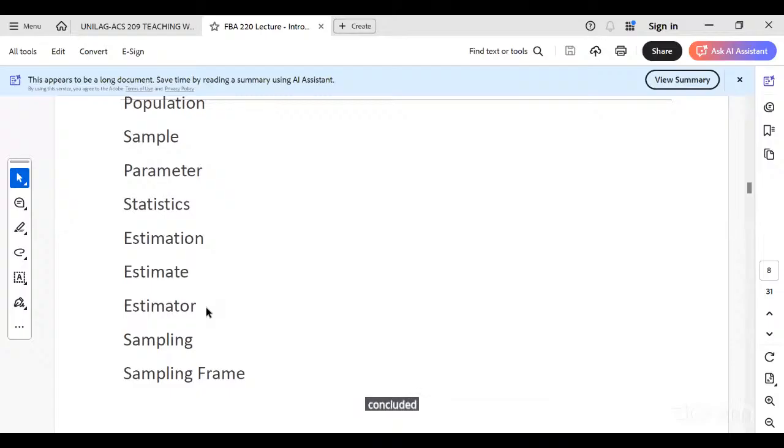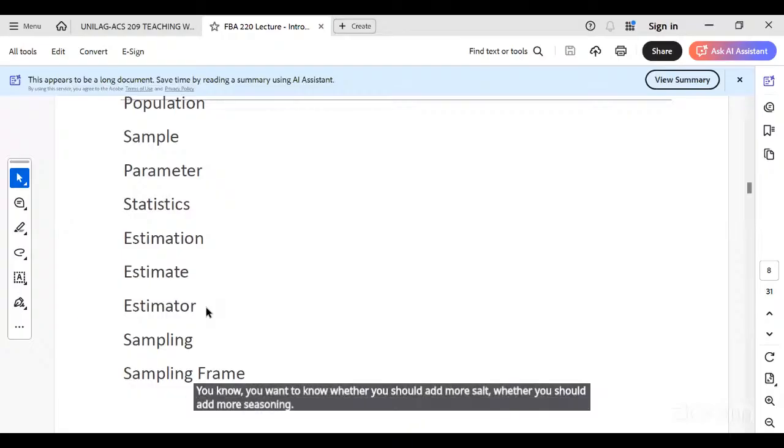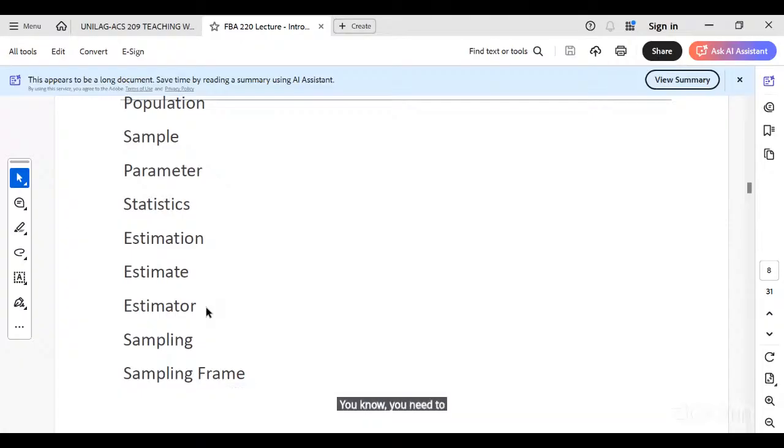You need to check whether your sauce is right. You want to know whether you should add more salt, whether you should add more seasoning. You need to take part of that cooking and check. So that part that you take from the pot is your sample. Now the process that you go through in selecting it is sampling.